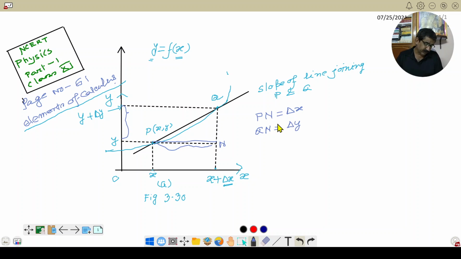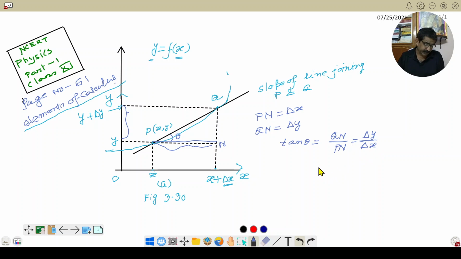So the slope is given here according to our previous idea. If this angle is theta, then tan theta is equal to height by base, which is QN by PN, equal to delta y by delta x.